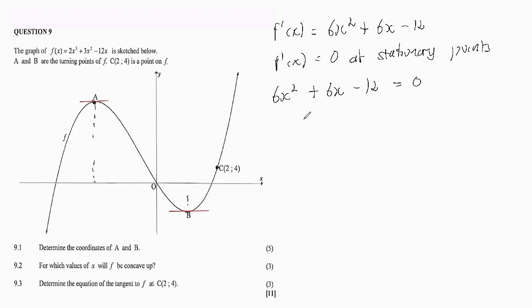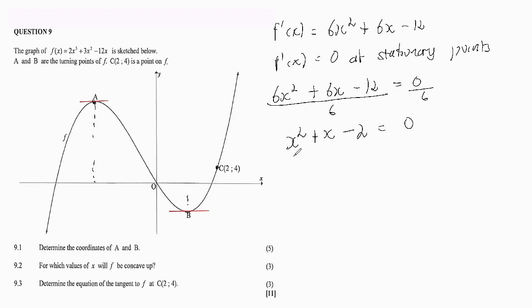Looking at all these three terms, we can see that they are divisible by 6. So let's divide throughout by 6 on the left-hand side and also on the right-hand side, and we'll be left with x² + x − 2, because 12 divided by 6 is 2, and 0 divided by 6 is still 0.